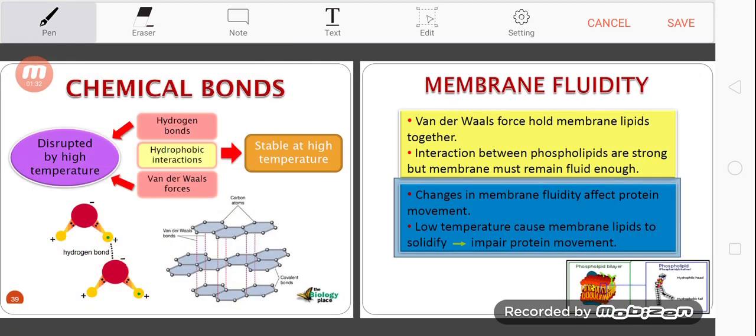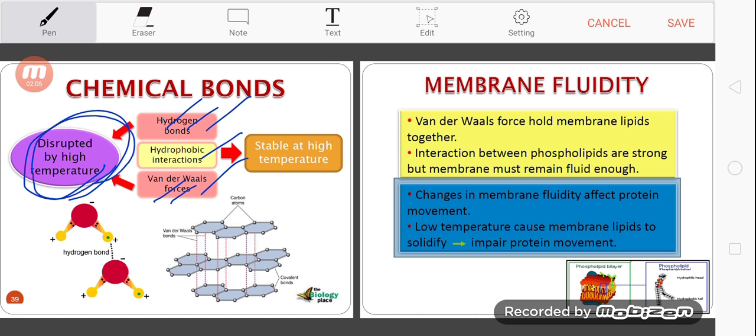The chemical bonds can be disrupted by high temperature, and different bonds have different temperatures that can break them. Hydrogen bonds and van der Waals bonds are disrupted by high temperature.